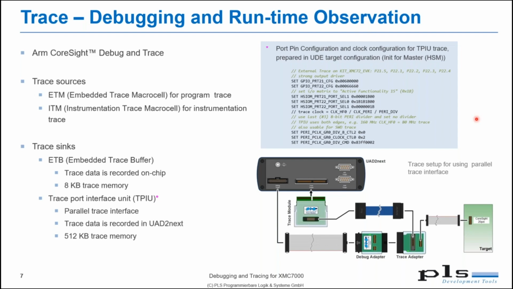So it's necessary to configure the port pins to be trace pins. This is prepared already in the target configuration that we provide in the debug tool, but not enabled by default, because sometimes you want to use the port pins for your application. That's why we have disabled these options. But if you want to trace using the parallel port, you have to enable this, and I'd like to show you how to do this in VUDE in a moment.